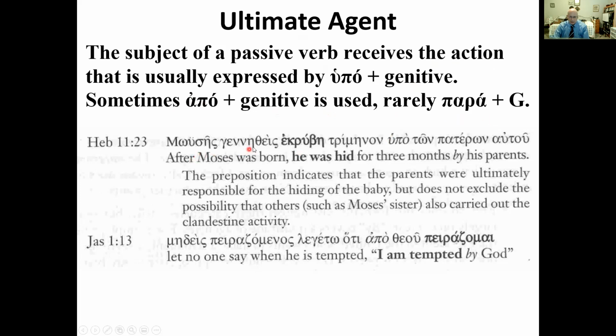After Moses was born, a participle, he was hid. Krube, passive voice. He was hid for 3 months by hupo ton pateron autu, by his parents.